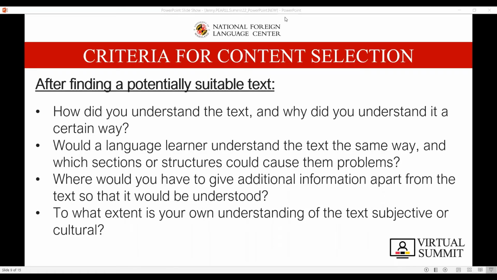Where would I have to give additional information apart from the text so that it would be understood? And to what extent is my own understanding of the text subjective or cultural? These questions can also help you when scaffolding unknown vocabulary in preparatory activities.